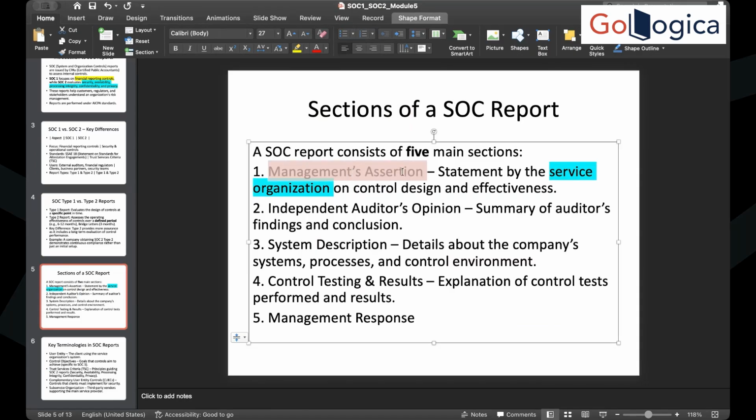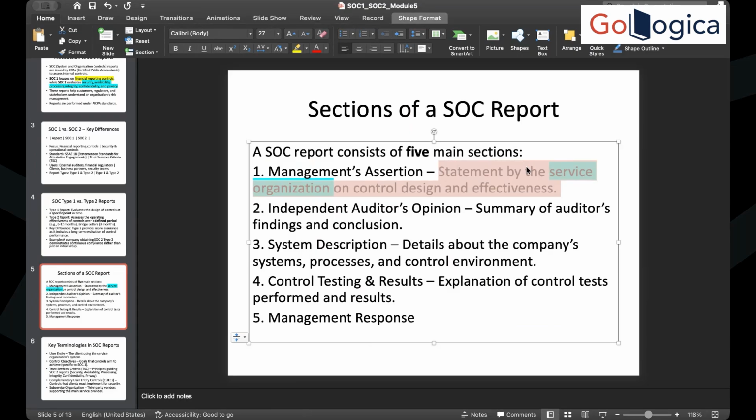First is the management's assertion. So this is the statement by the service organization on control design and effectiveness. Service organization would be the company that is getting audited. So in my case, who would be the service organization? Cisco.